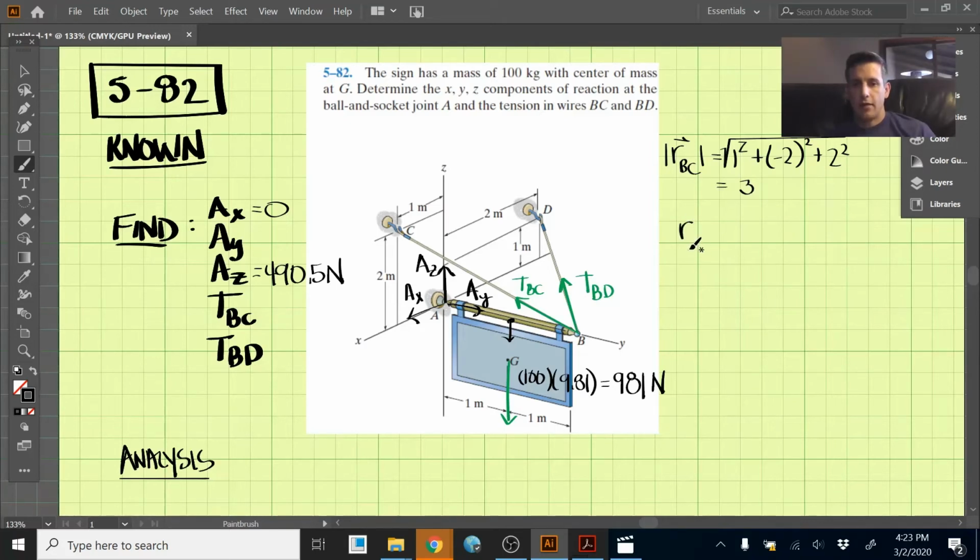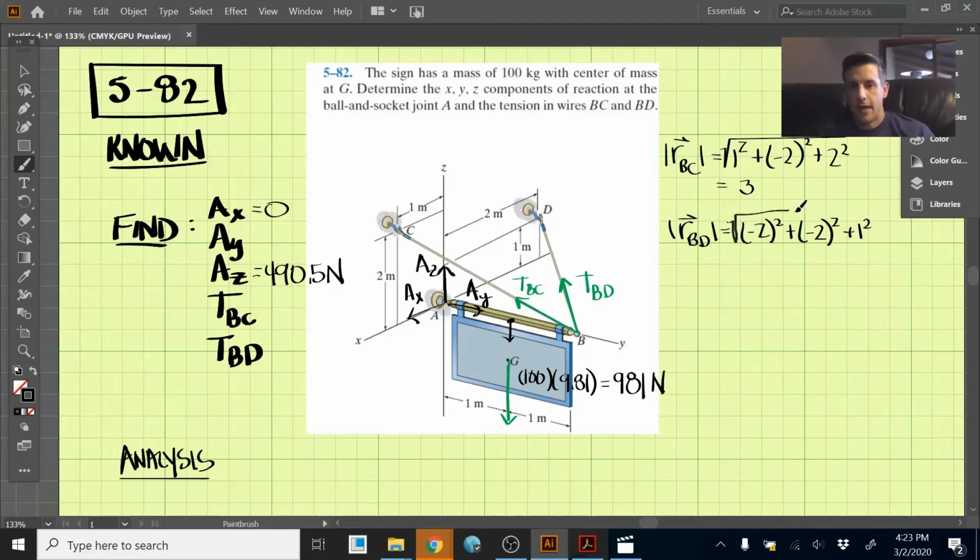And we can do that likewise for cable BD as well. All right, so finding the magnitude of cable BD. In the X direction, we have -2, so we have -2 squared, plus in the Y direction, -2 squared, and in the Z direction we have positive 1.